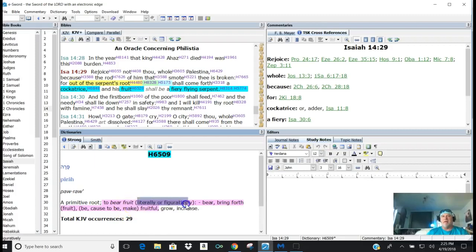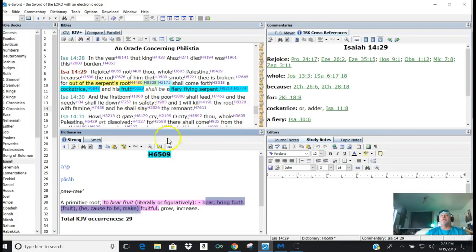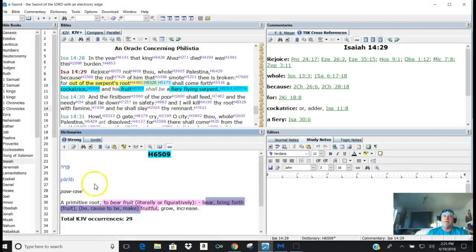To bear fruit, literally or figuratively, to bear, to bring forth, to cause, to be, to make. Okay, now here's where you got to really pay attention. Shall bring forth a cockatrice, and his fruit shall be a fiery flying serpent.